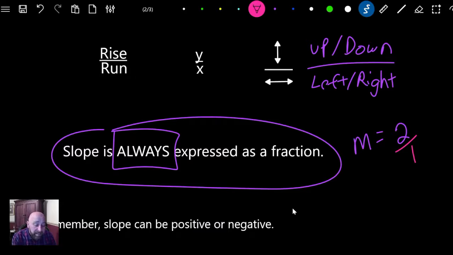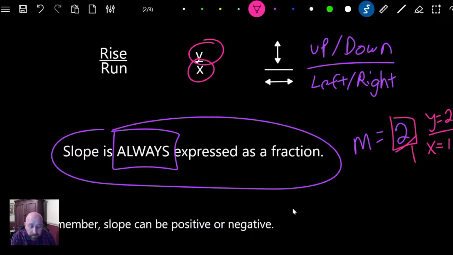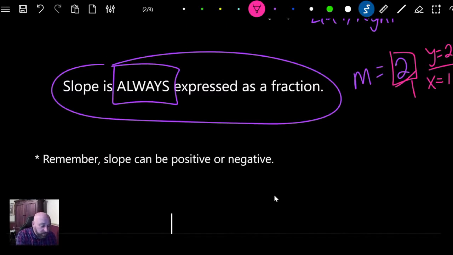Why? Because this reinforces that there's a slope, and the numerator is 2, so that's my y. So that would be y equals 2 over x equals 1. So my x, I do have an x. I don't have a 0. Now, it's really important, and I wrote this here real quick too.